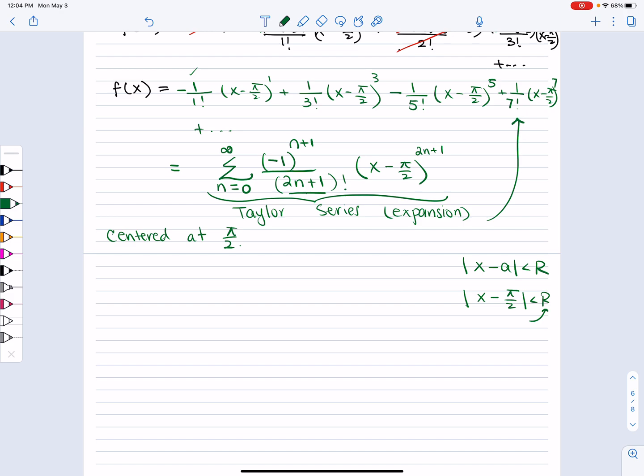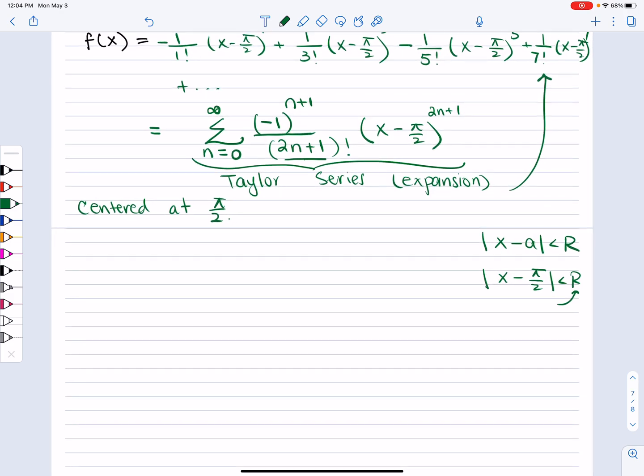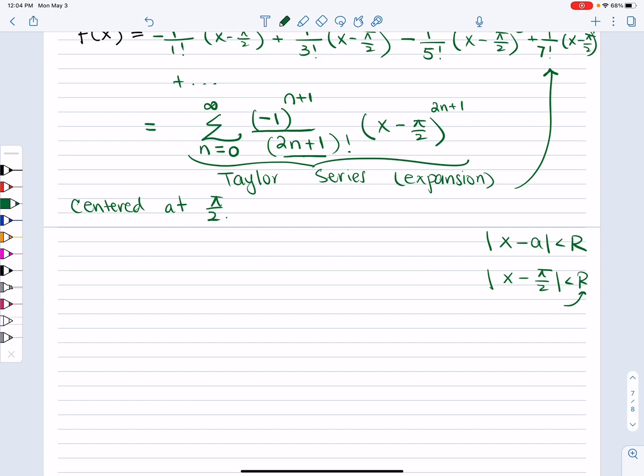So we're going to find the radius of convergence. Why don't we apply the ratio test?